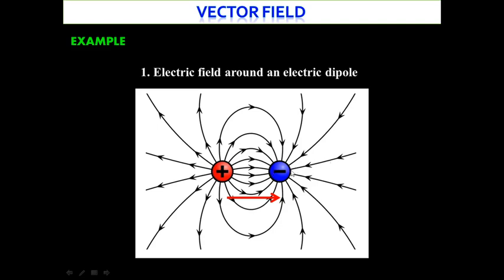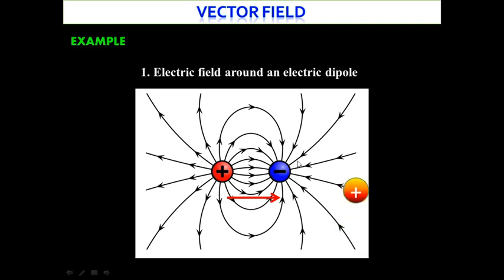Here we see that the electric lines of force approach the negative charge, and they go outward from the positive charge.